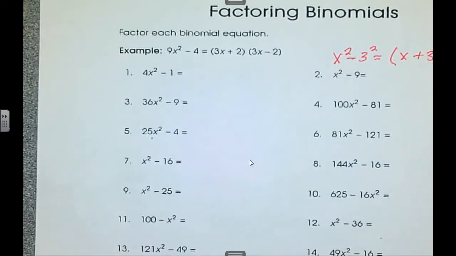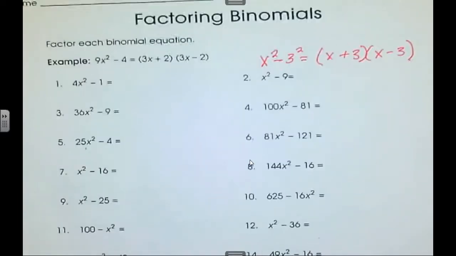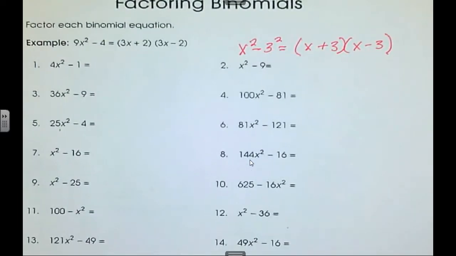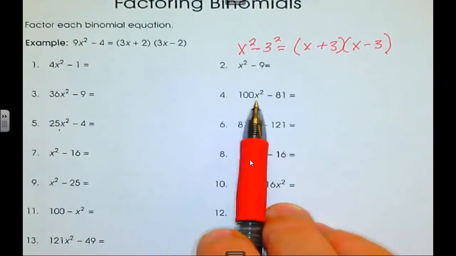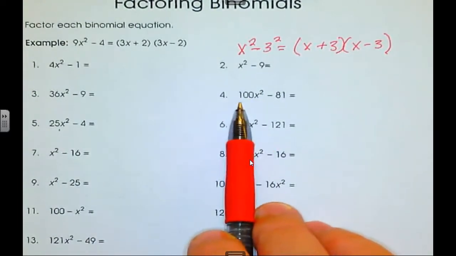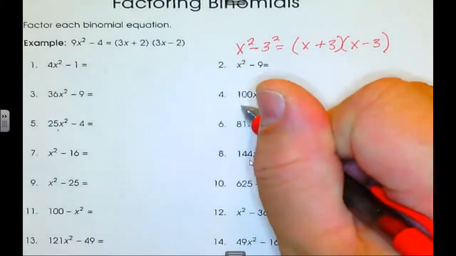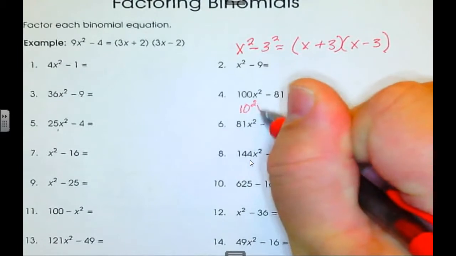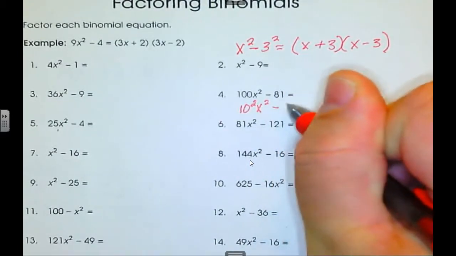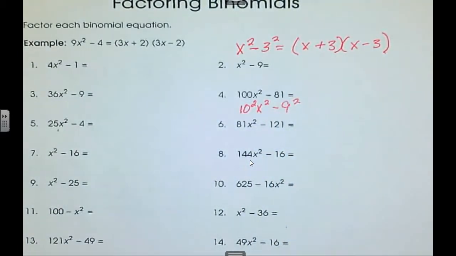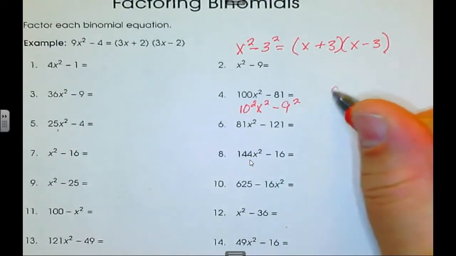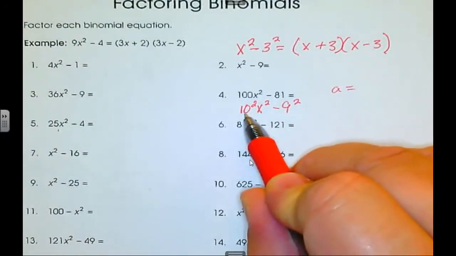For example, number 4. I have 100x squared minus 81. What is 100? It's a perfect square. What is it? 10 squared. X squared minus 9 squared. So my A is the base 10x.